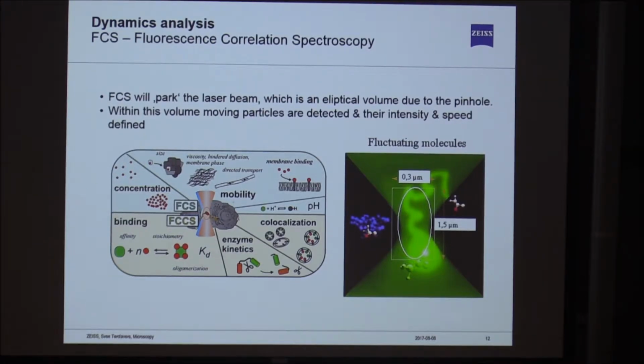FCS can be interesting to define concentration. So if you want to know how many molecules are actually present in the cell, what's the concentration, it can be defined. It can also be used to define the motility, whether colocalization is ongoing, enzymatic kinetics, cleavage, for example, can be checked with it, or also binding of molecules.